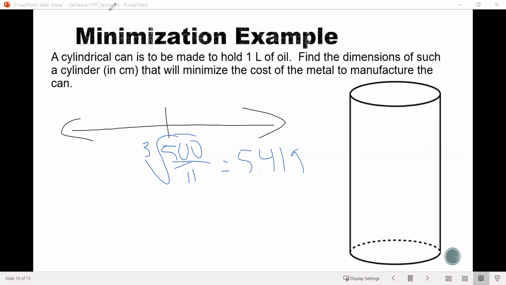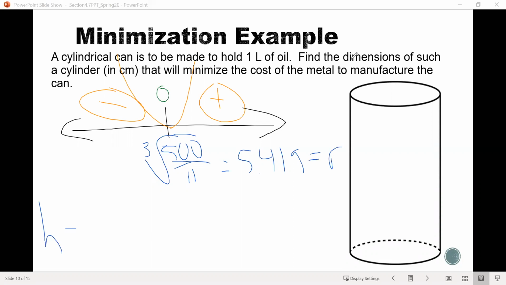Choose values on each side, plug them in the derivative, see if you get positive or negative numbers. As we know, it's 0 here. And I've already done that, and I know that this one is negative, this one is positive, so it looks like we have a shape that does something like this. So we do know that that's a minimum. So we do know this will be our value for r that minimizes things.